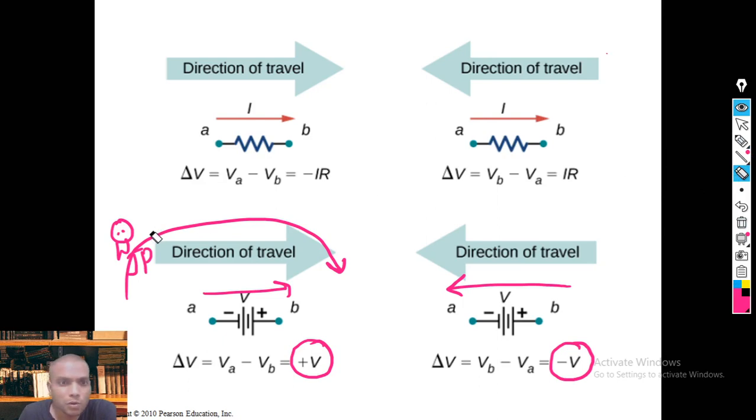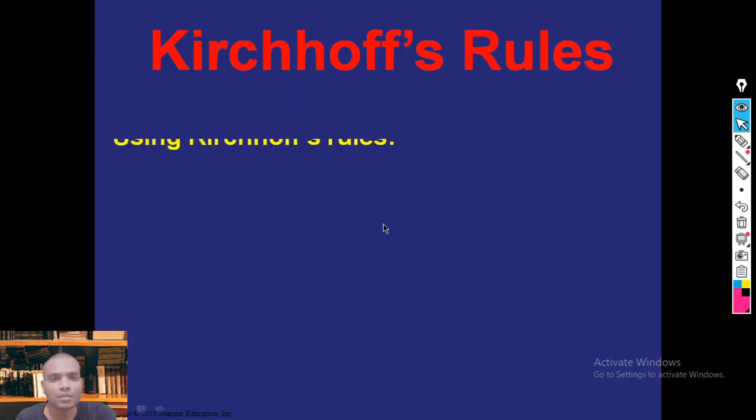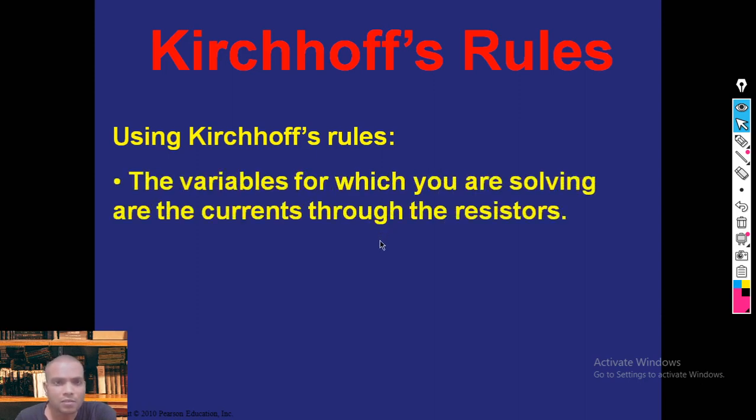When it comes to potential difference, when we cross a cell from negative to positive, we take that cell EMF value as positive, and when we cross a cell from positive to negative, we take that potential difference value as negative. So these are the four sign conventions, not rules, to solve the equations. Before using Kirchhoff laws, try to remember this.